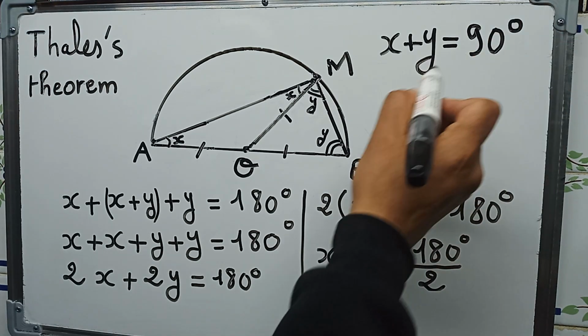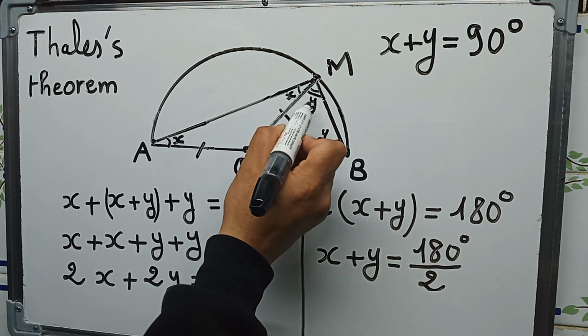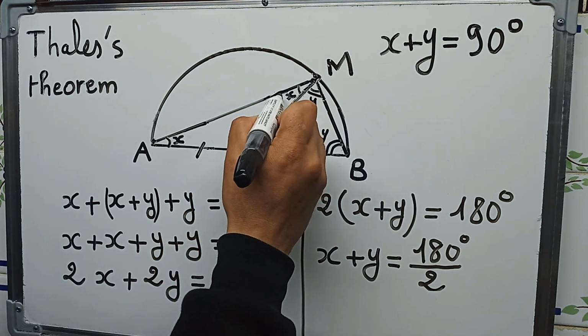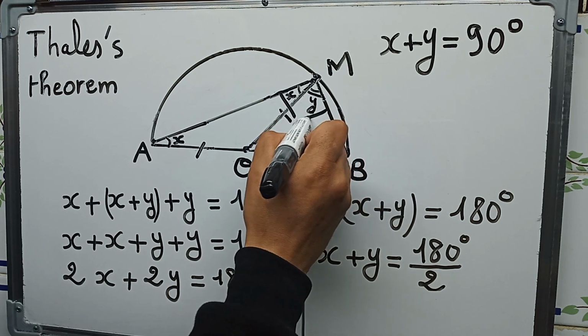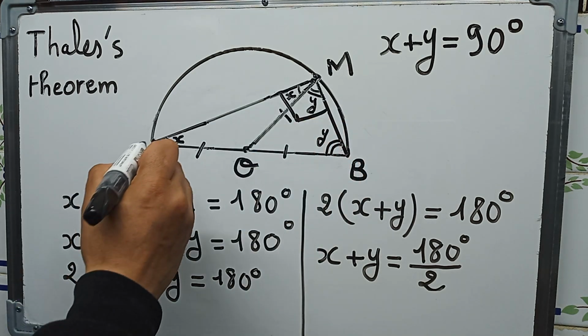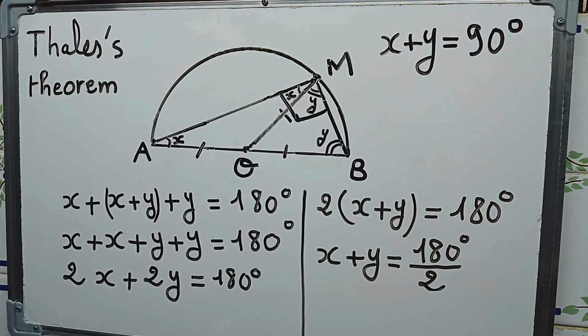So here we have proven that this angle X plus Y is equal to 90 degrees, meaning that it's a right angle. So we have proven that the triangle AMB has a right angle at M. And this, of course, concludes this work.